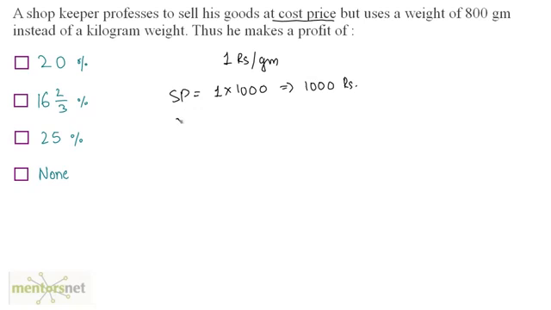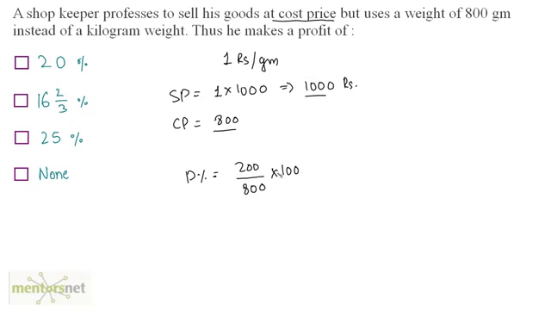Now, he uses the weight of 800 gram instead of a kilogram. So basically he gets the goods at 800 rupees: 1 times 800 grams is 800 rupees. So the cost price is less than the selling price, and he makes a profit. Profit percentage is equal to profit, which is selling price minus cost price, 1000 minus 800 is 200, upon the cost price, 800, times 100.